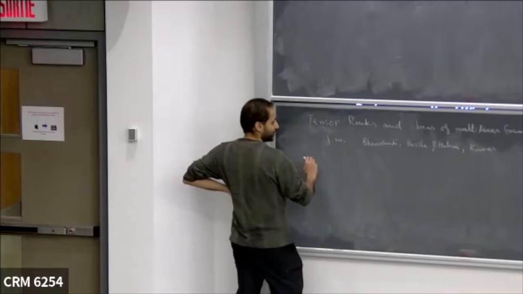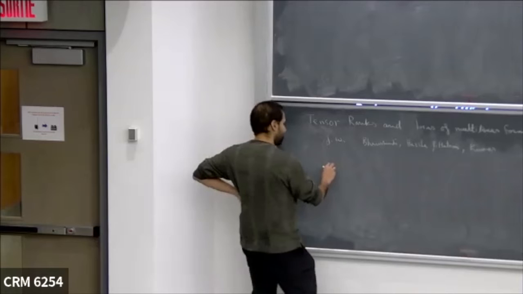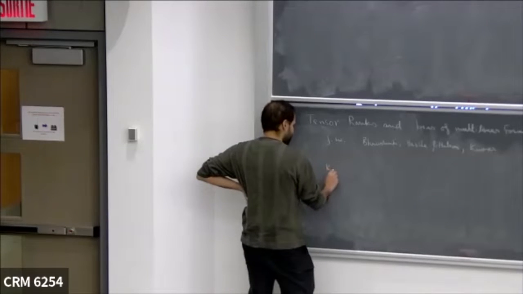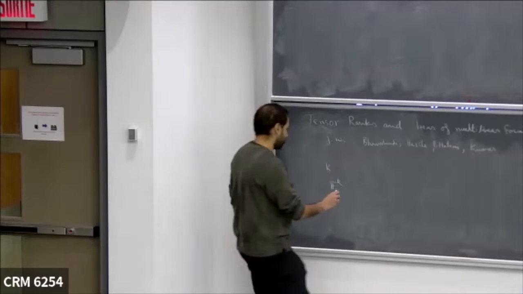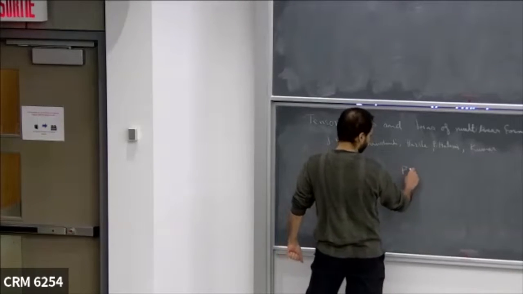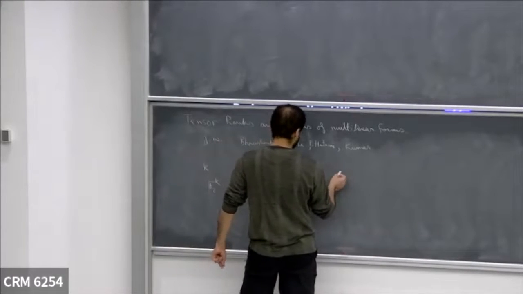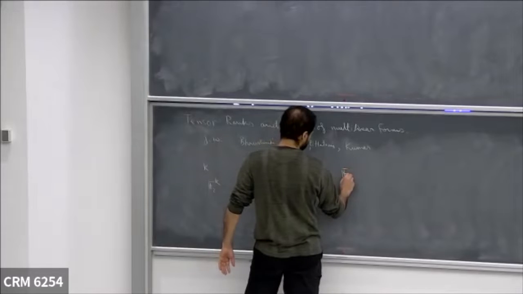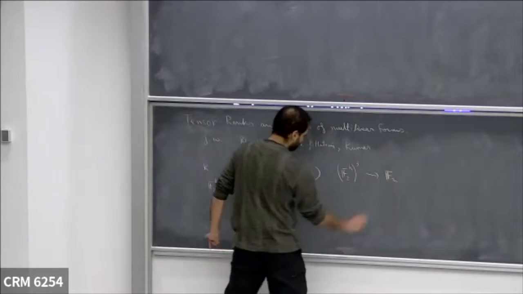Okay, so here's what the setting is. I'll focus mostly on three-dimensional tensors. So we have an integer k. We'll be looking at F2 to the k. And I will consider a trilinear form P of x, y, z, which takes in 3 elements from F2 to the k, and it outputs something in F2, and it's trilinear.